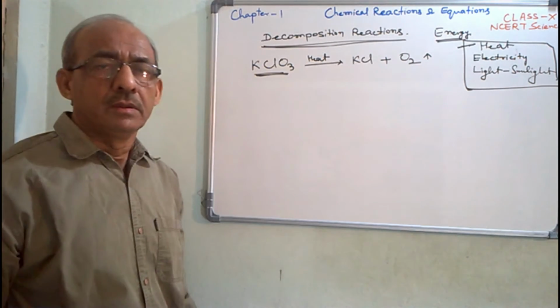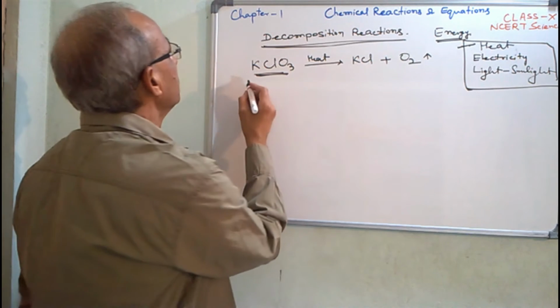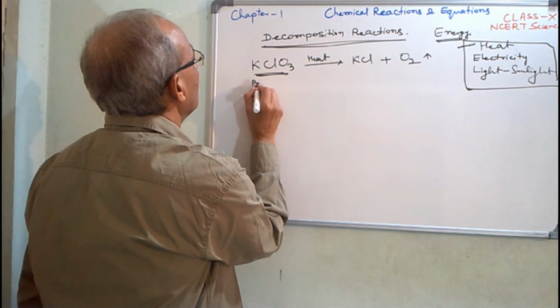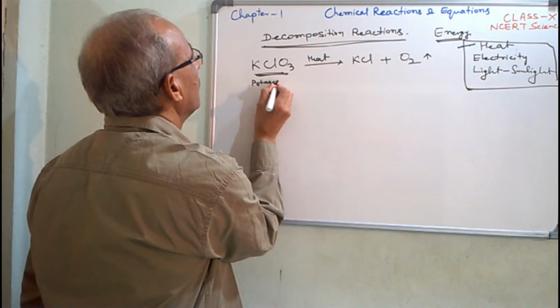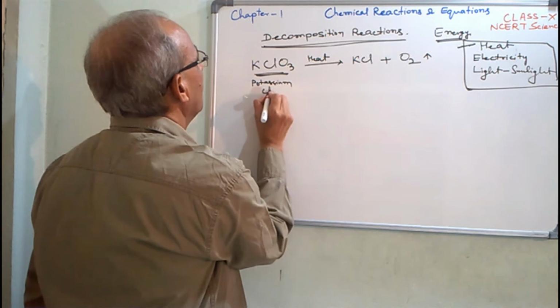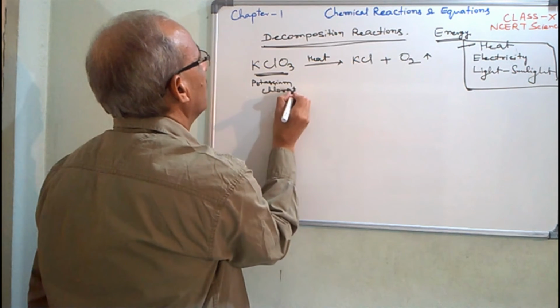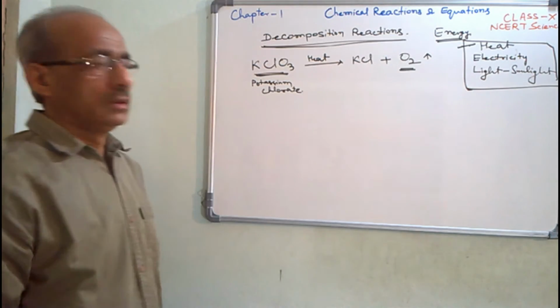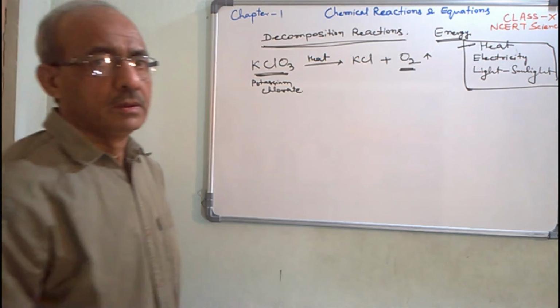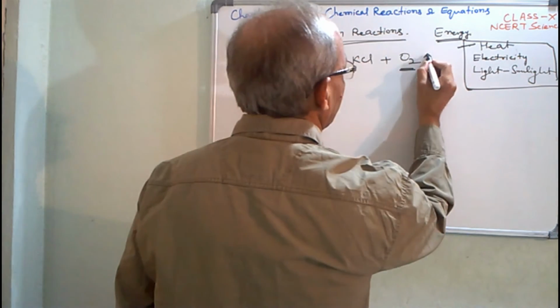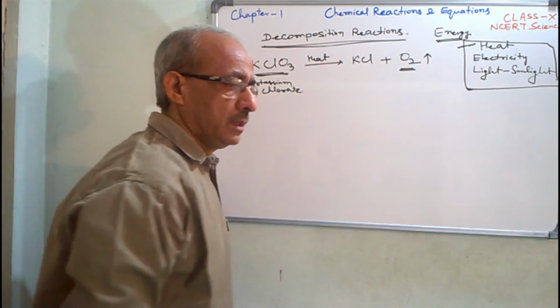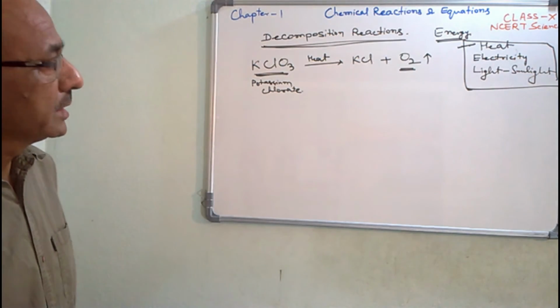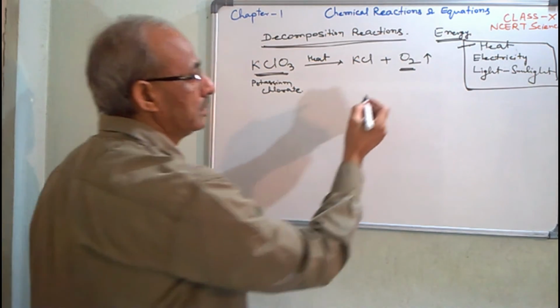By heating potassium chlorate, here oxygen gas is produced. This is the laboratory process to produce the oxygen gas.